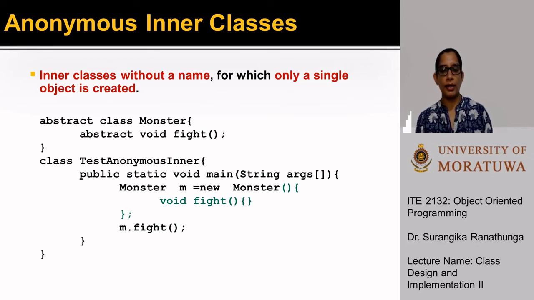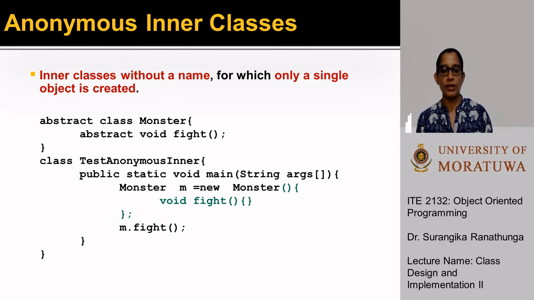Don't think that we are creating an object of the monster abstract class, which is not possible. What we are doing is using the monster constructor, but we explicitly say that when we actually create this object through this constructor, we are creating a new object that belongs to an anonymous class.